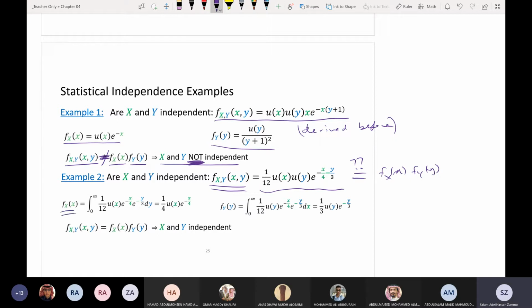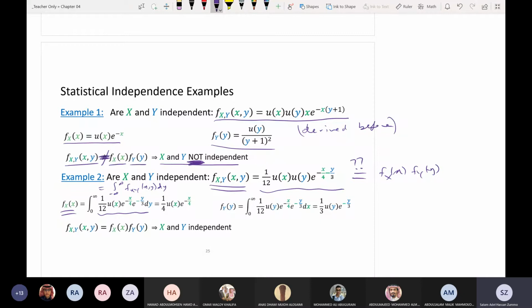Fx of x is what? Is the integral of the joint PDF. It's equal to the integral from minus infinity to infinity of the joint PDF, right? With respect to what? We integrate with respect to y, exactly, because we want the PDF of x.